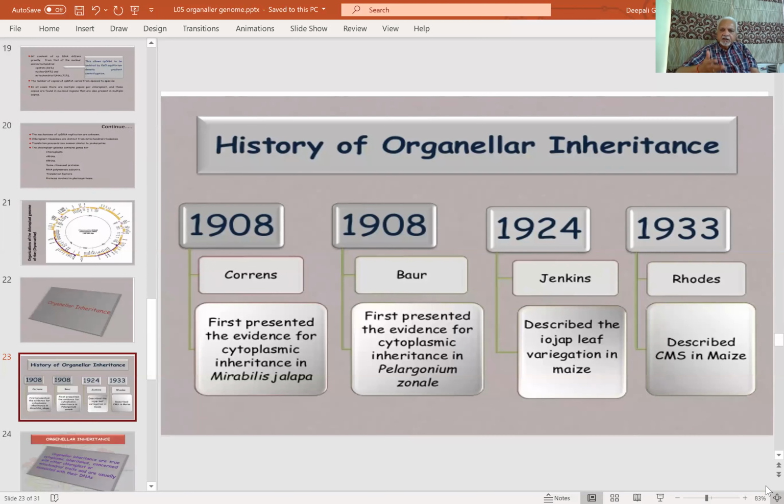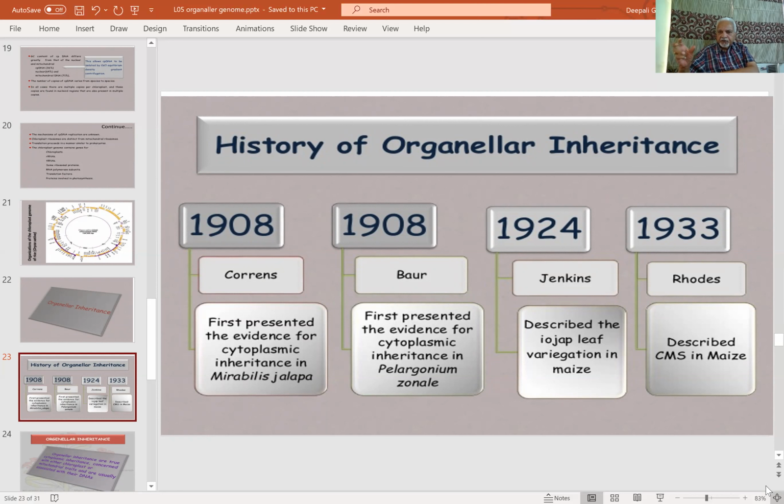So again, this aspect also has some history behind it, wherein as early as in the early part of last century, the first evidence of cytoplasmic inheritance was provided in terms of the variegated leaves, how that pattern is inherited from one generation to another, and around the mid part of the last century, the mitochondrial inheritance pattern was also reported for the cytoplasmic male sterility, which was observed in males.